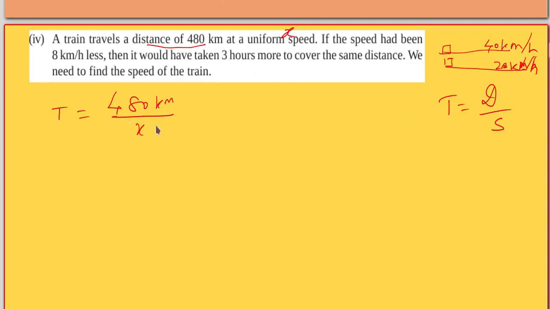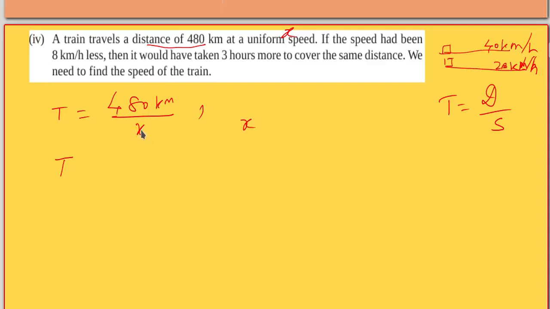x. If the speed has been reduced by 8 km per hour, what happened to the time taken? This x is the initial speed. Initially, the speed was x km per hour.